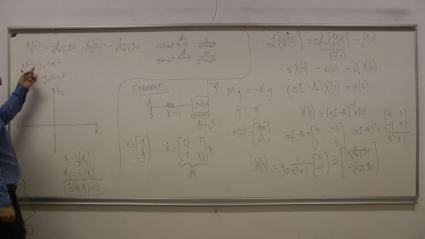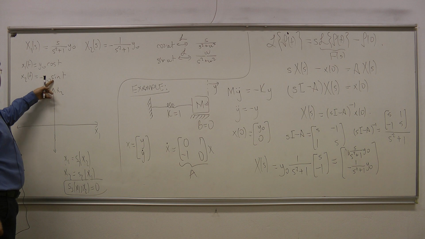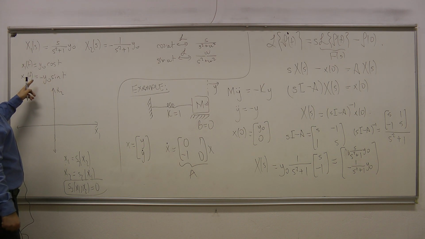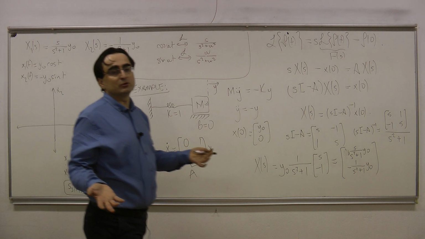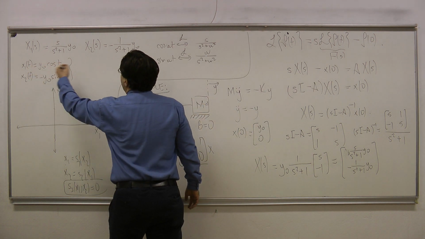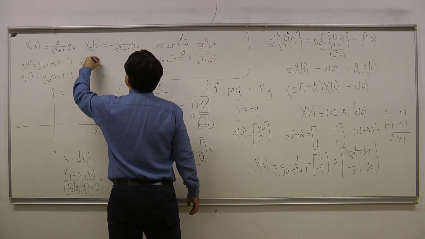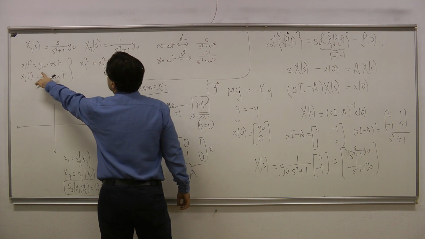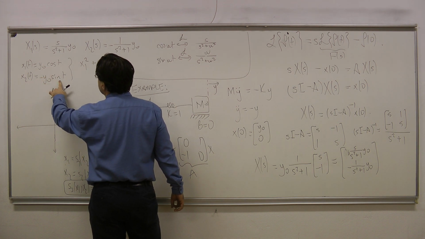But that is a general way. Here, there is an easier way. We know that cosine square plus sine square is equal to 1. So if I take the square of both sides and sum them, I would get rid of time automatically. If I sum x1 square plus x2 square, that is going to be y0 square cosine square plus y0 square sine square.